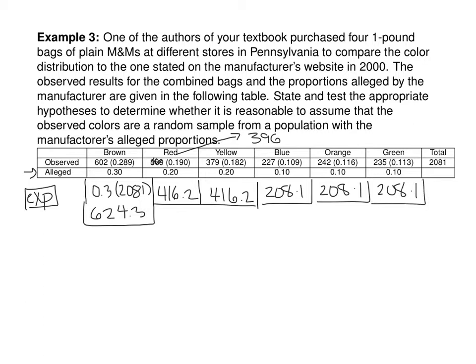Now, since this problem didn't explicitly say so, we should probably label our steps just so they're more organized. So step 1 is to state the null and alternative hypotheses. So H0 is that the proportions are as the manufacturers claim.